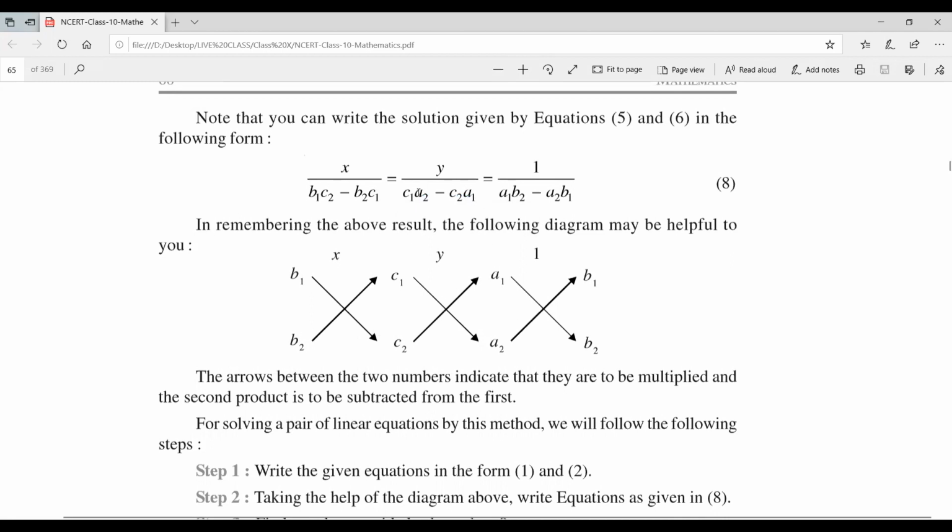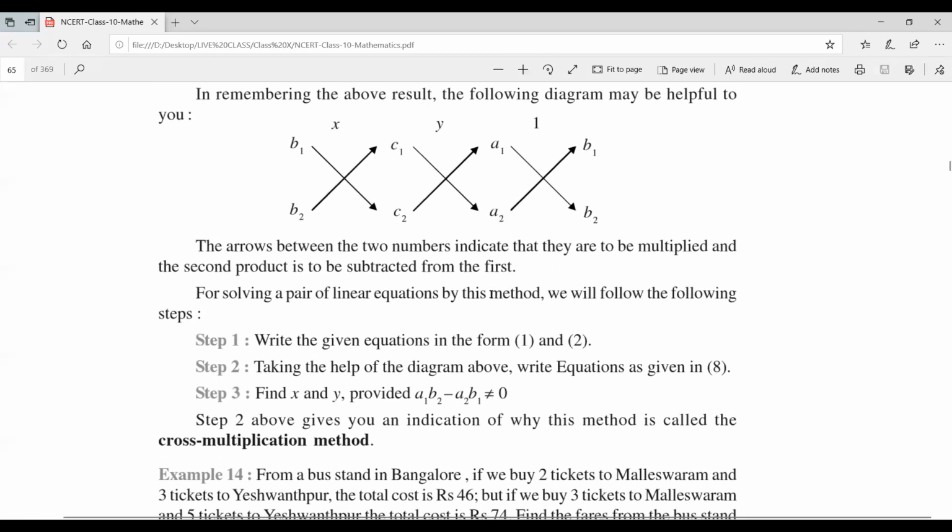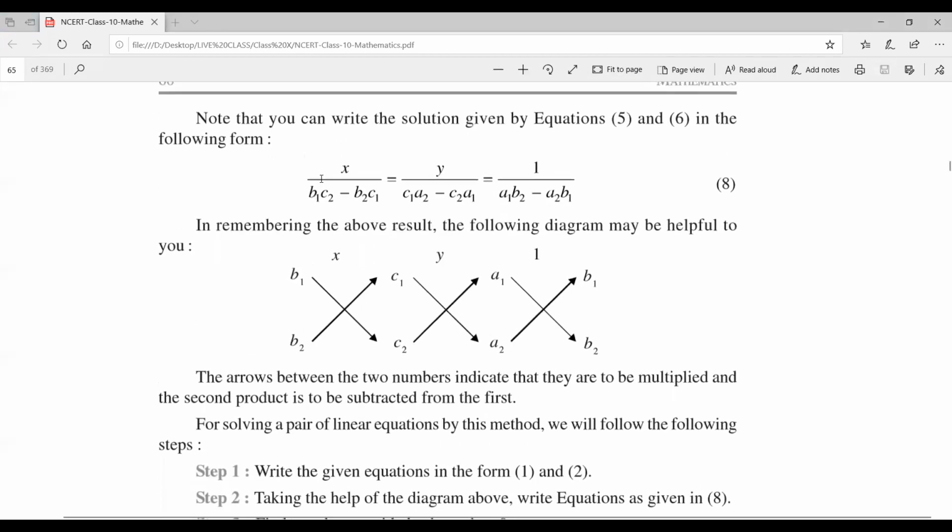So that is the difference here. If you are comfortable with this one, then you can apply this one also. That depends totally on you. So let's see more examples.